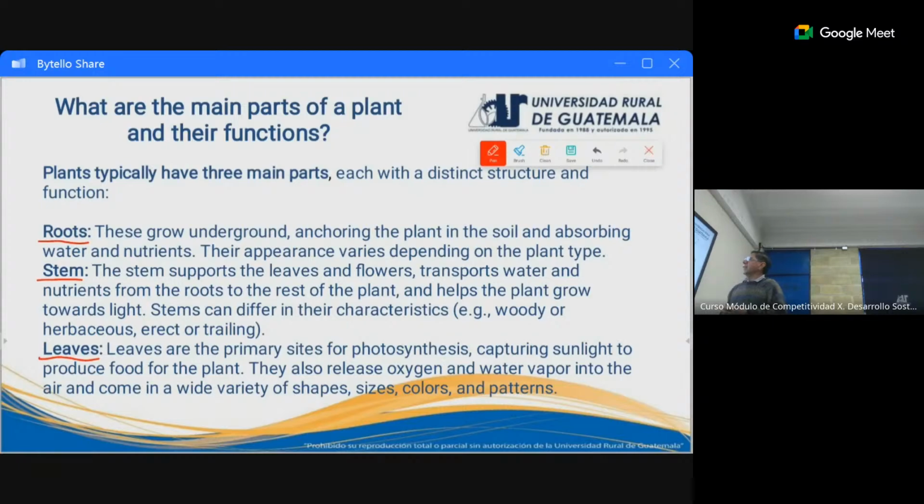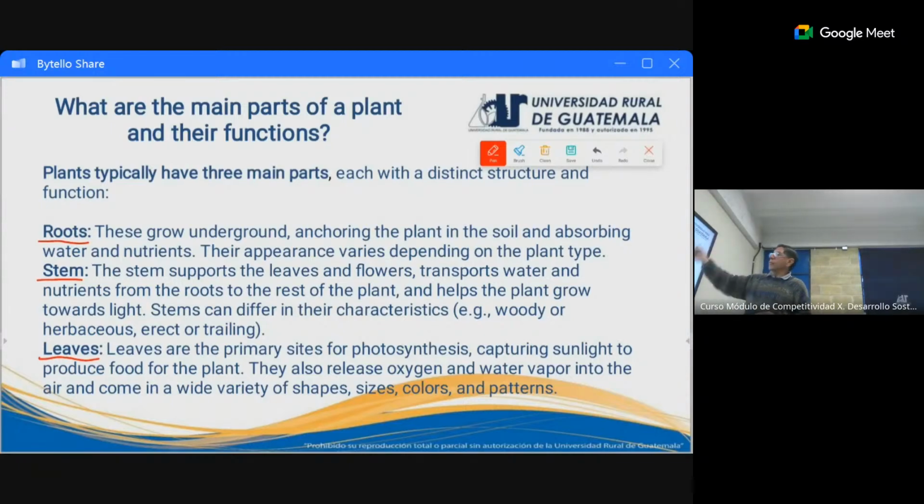Their appearance varies depending on the plant type, while the stem is the one piece of the plant that supports the leaves and flowers, transports water and nutrients from the roots to the rest of the plant, and helps the plant grow towards light. The stems can differ in their characteristics, for example, woody or herbaceous, erect or trailing.